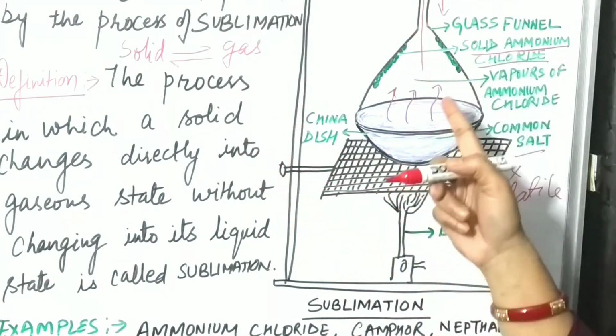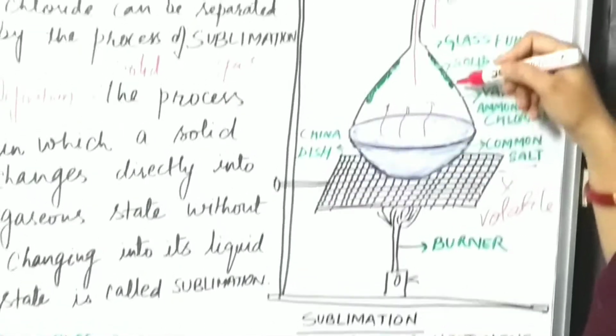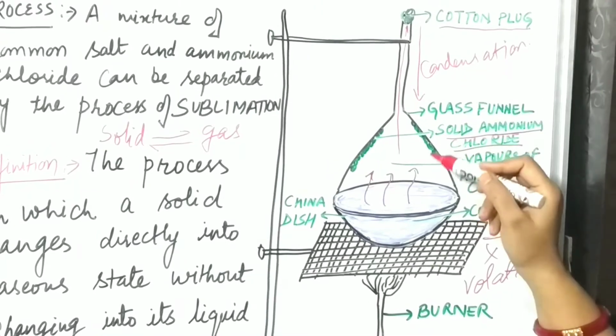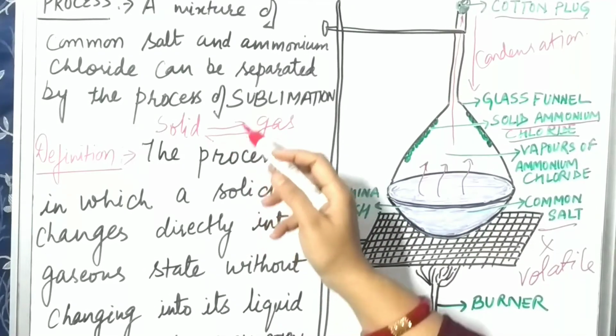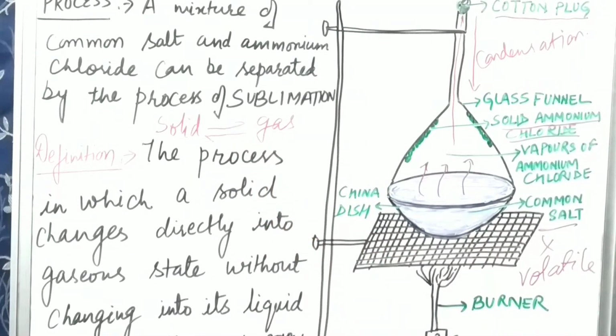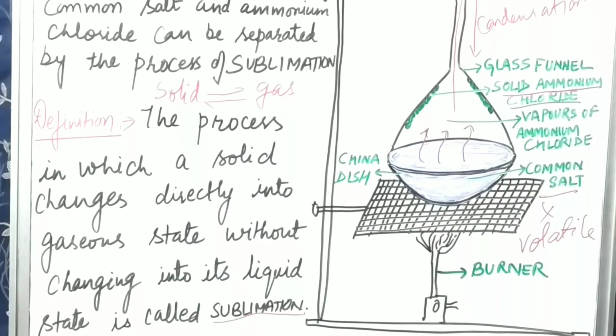What happens here? When condensation occurs, the vapors again form solid. So there will not be an intermediate liquid state in the case of sublimation. Understood? I hope you have understood now.